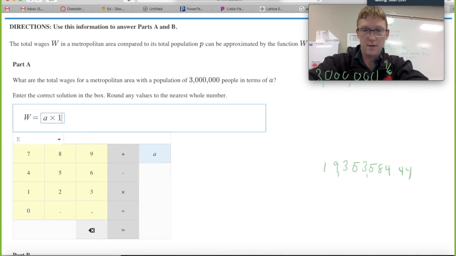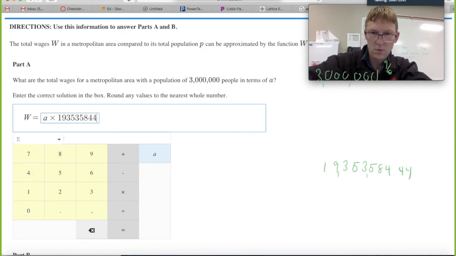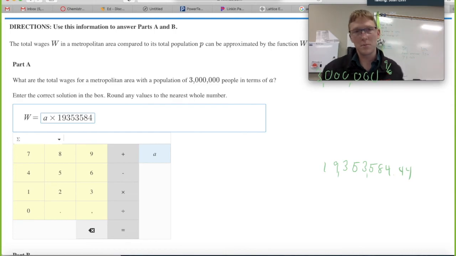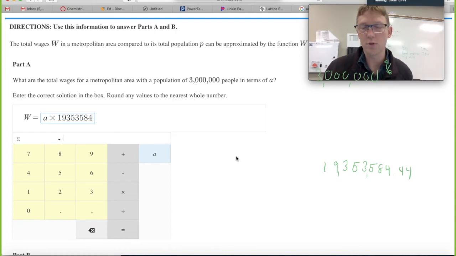So it didn't give us the exponents. 535,844. Oops. There's a 0.44 on there, and it says to round any values to the nearest whole number, so I don't need that.